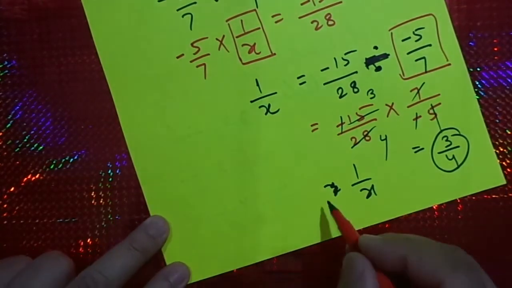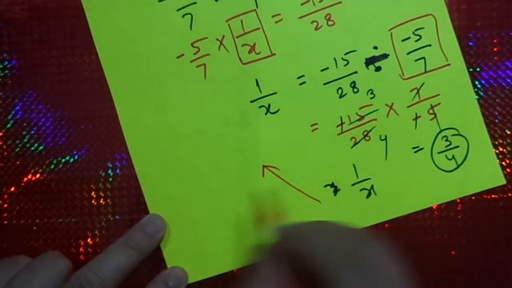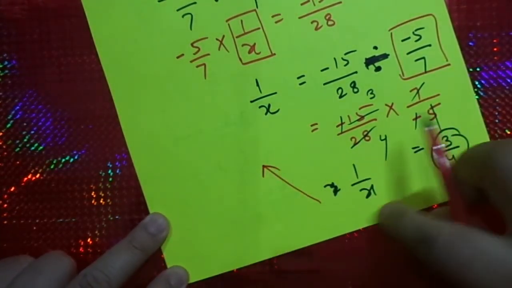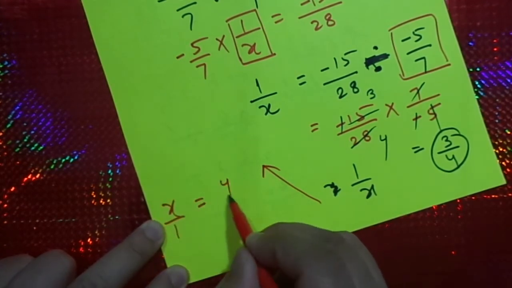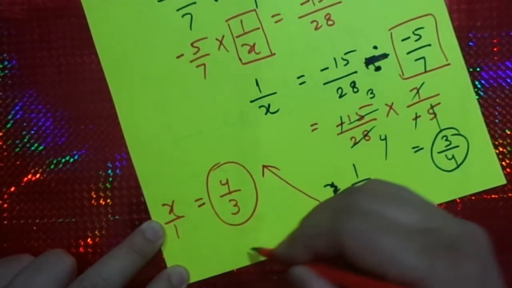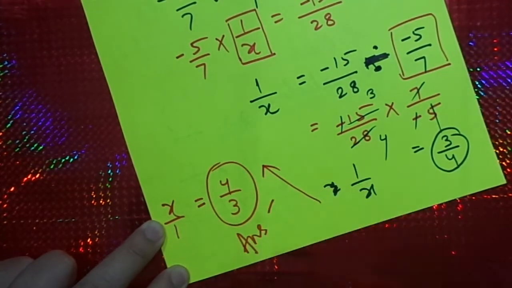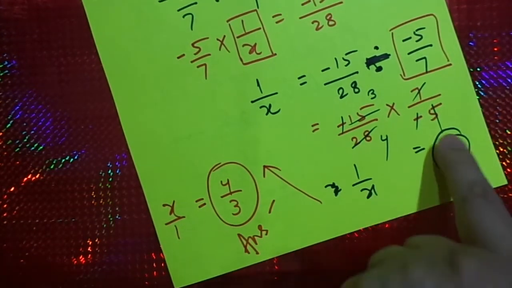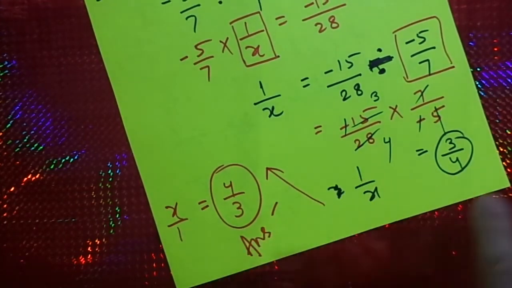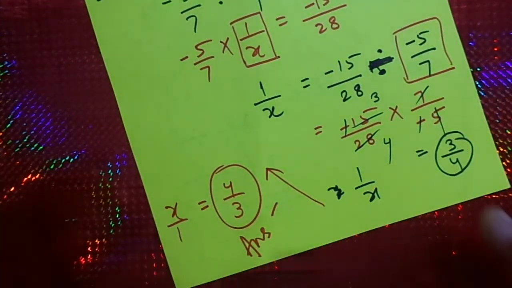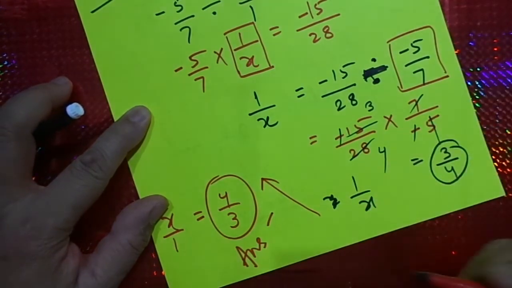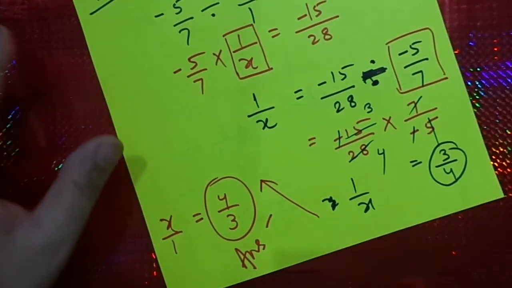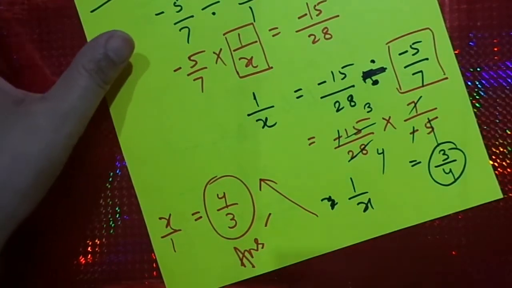Therefore, if 1 by x is equal to 3 by 4, then x by 1 will be equal to 4 by 3. This is your answer. We are inverting both the sides and we call it invertendo in arithmetic.